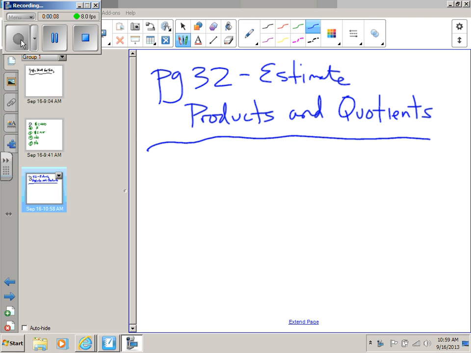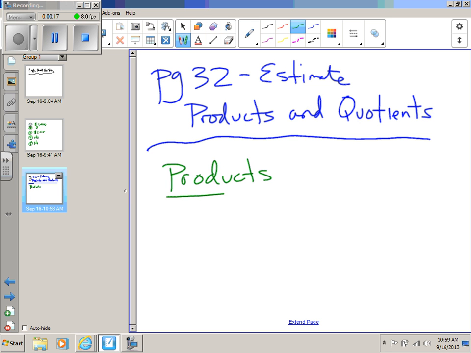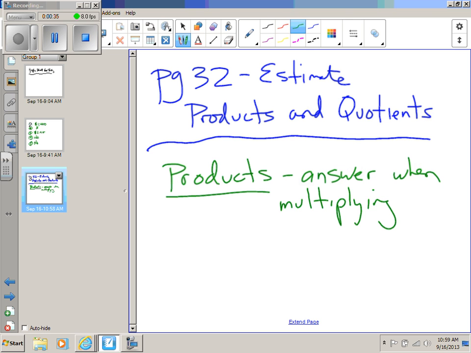Page 32, estimate products and quotients. Let's take a look at a couple of these terms just to make sure we know what they are. What is a product, mathematically speaking? Not like a product you buy. The answer when multiplying.